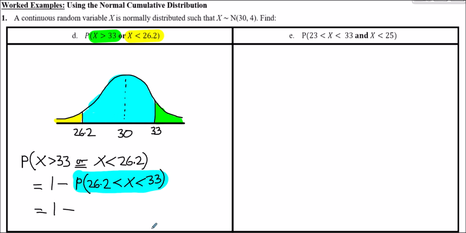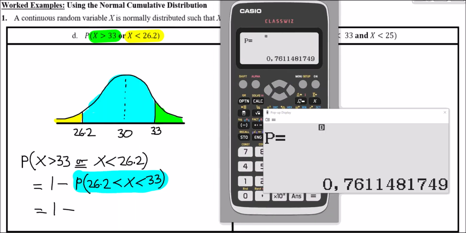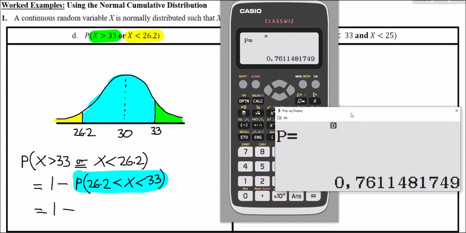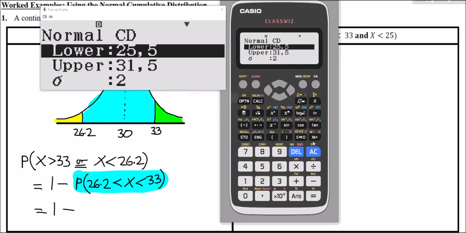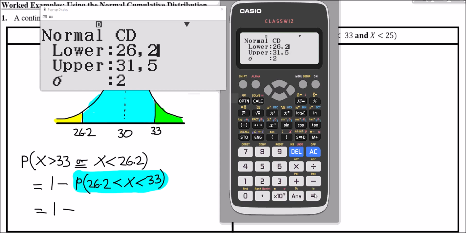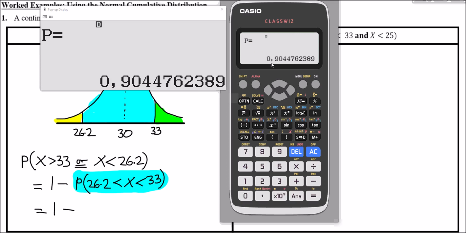So this blue bit, what I can do here is just fill in on the calculator the values. So lower 26.2, upper 33. I get 0.90447. So I do 1 minus 0.90447.